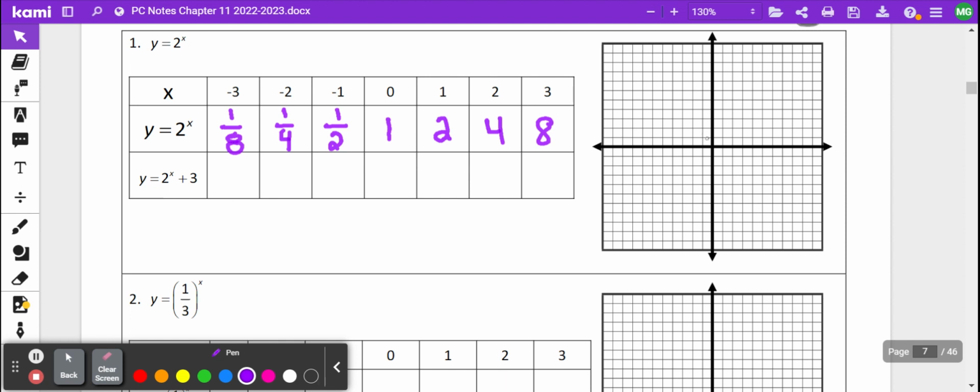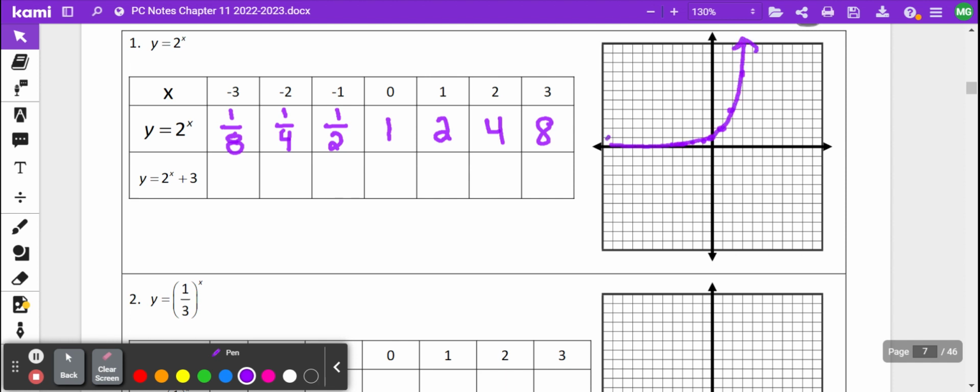So let's go ahead and graph our first exponential function. I always like to start here and then work my way. What you'll notice is it's slowly going up and then boom, starts going really fast. And here it's creeping along and getting closer and closer to 0, but it's never going to quite be 0.